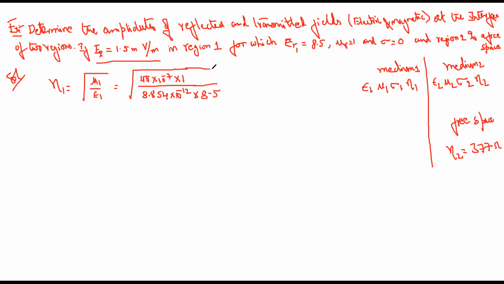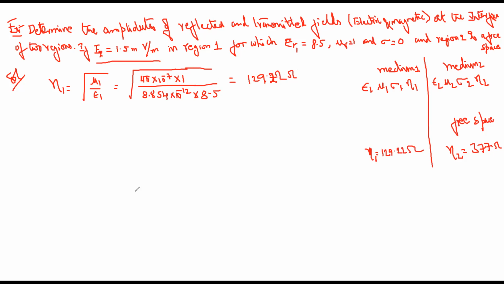I can simplify this one. You get eta 1 as 129.22 ohms.